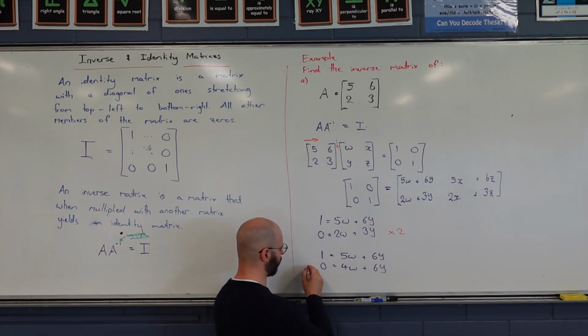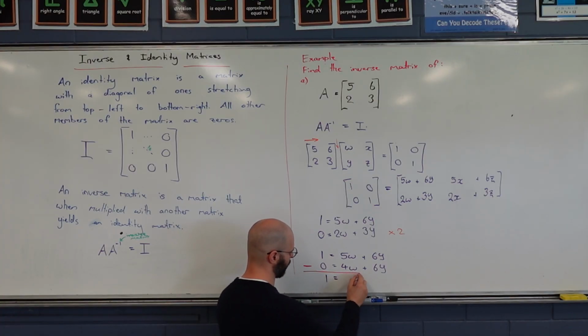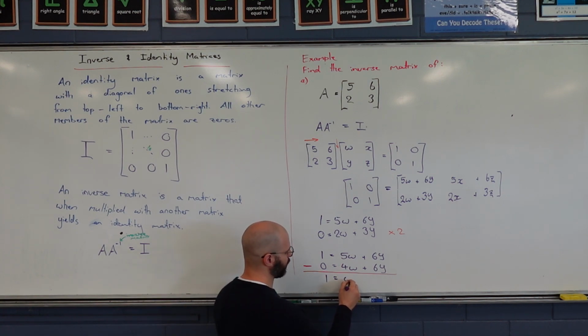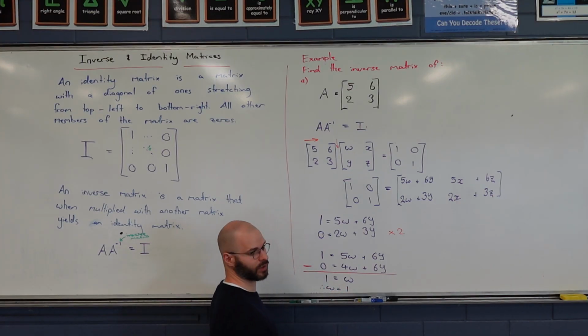I'm going to go for subtract. 1 take 0 is just 1. 5 take 4 is just W. And 6 take 6 is 0. So therefore, W is 1.